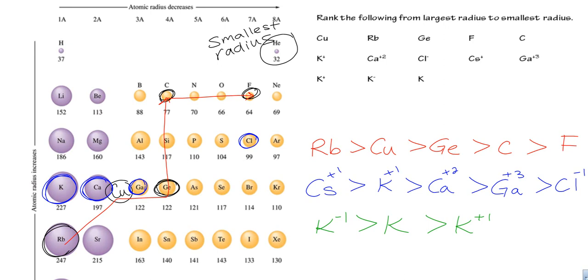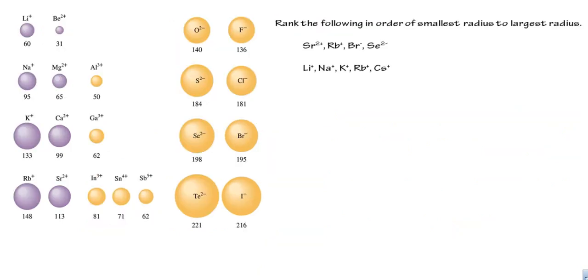But if you have something like this first set, strontium plus 2, rubidium plus 1, bromine minus 1, and selenium minus 2. When you have a group of ions and you're asked to rank them, this time from smallest radius to largest radius, double check for isoelectrics. So I always locate them on my periodic table first.